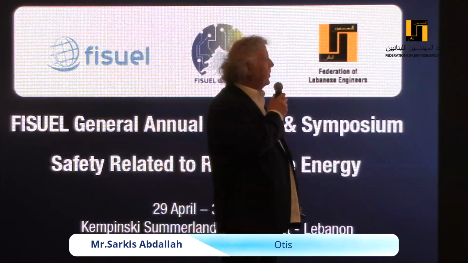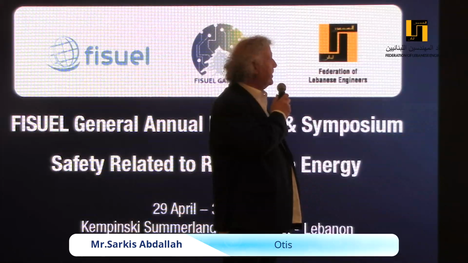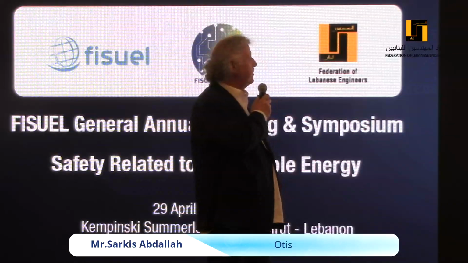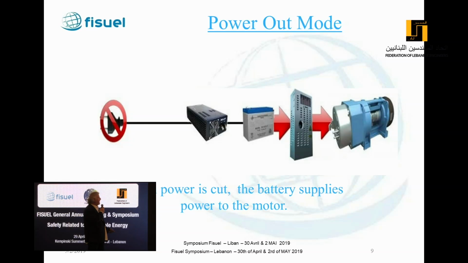So when the batteries are full, the energy is consumed in the braking resistance. When power is cut, the battery takes over and supplies power to the motor and can take you up to 100 trips. We're going to see a short movie about the Gen2 Switch.